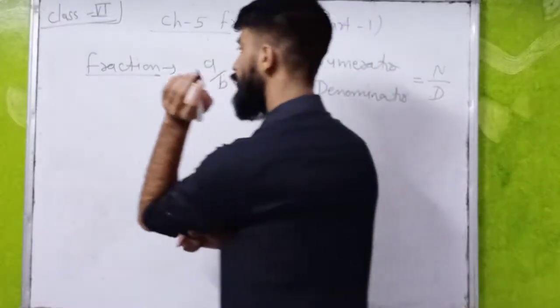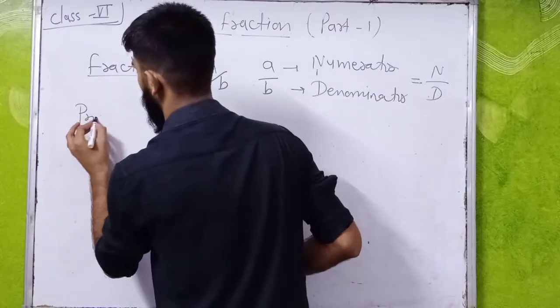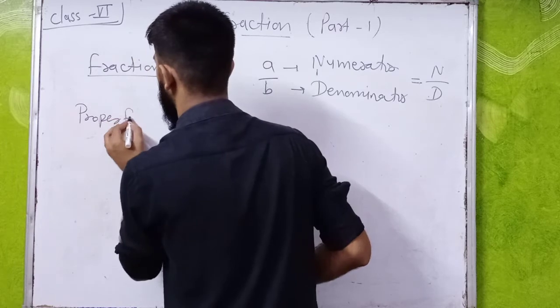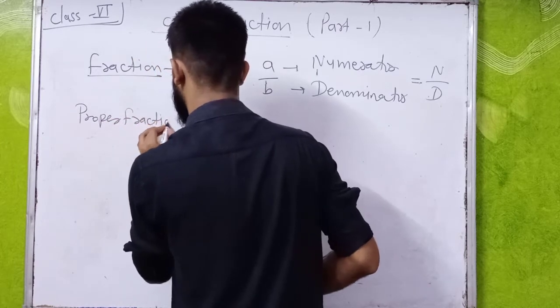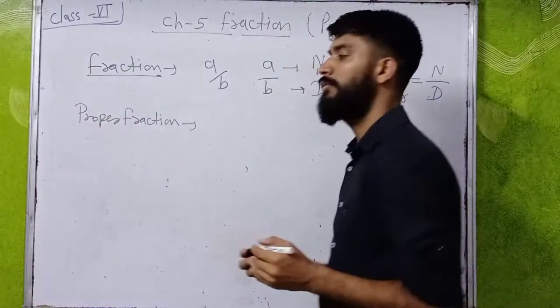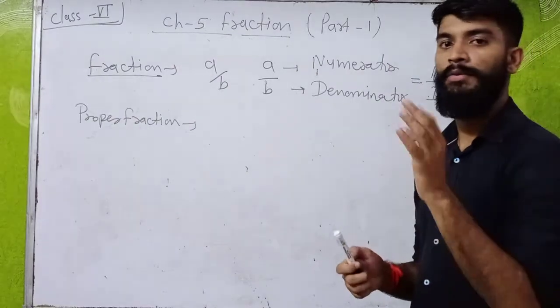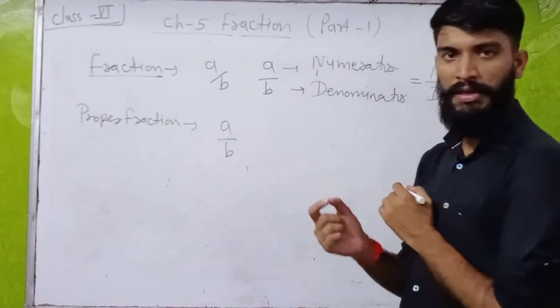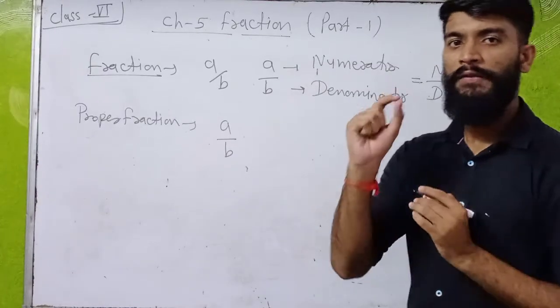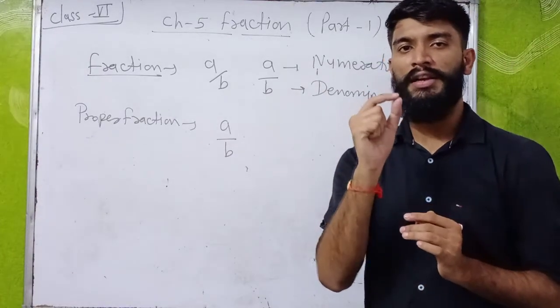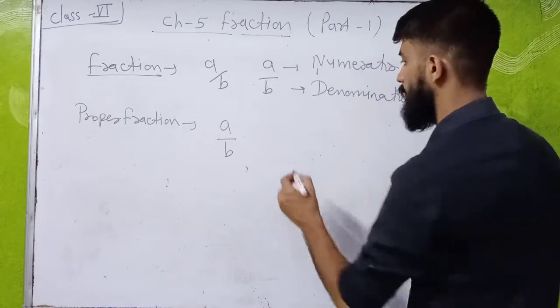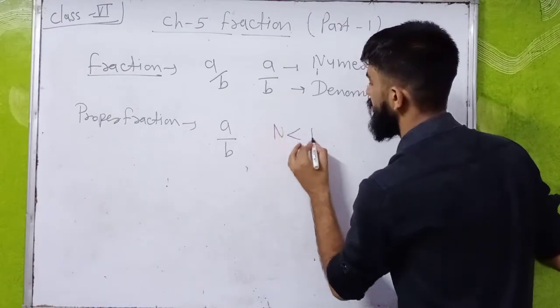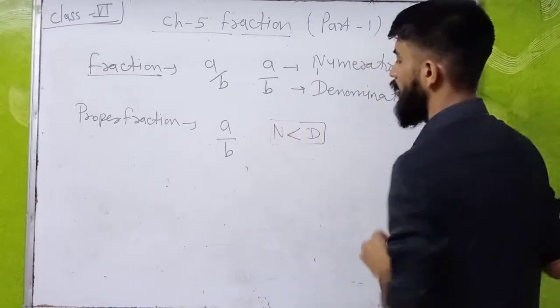Okay. So now, what is the concept of a proper fraction? First of all, a fraction means a divided by b. A proper fraction means the value of the numerator is less than the denominator, that is, n is less than d.